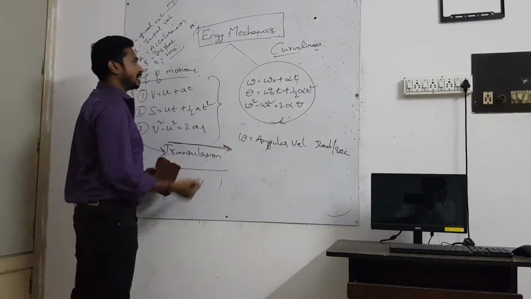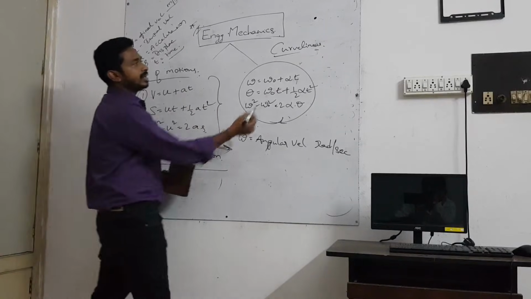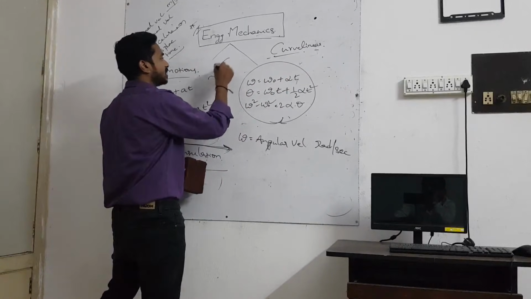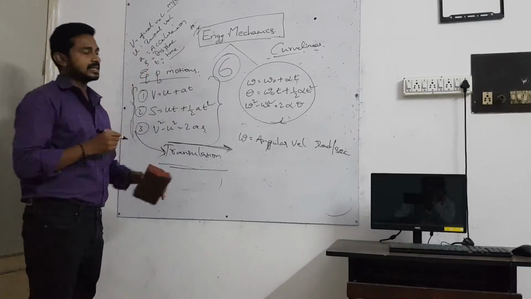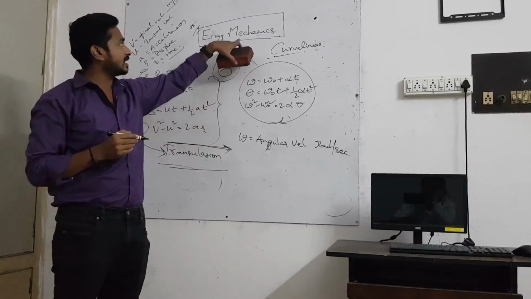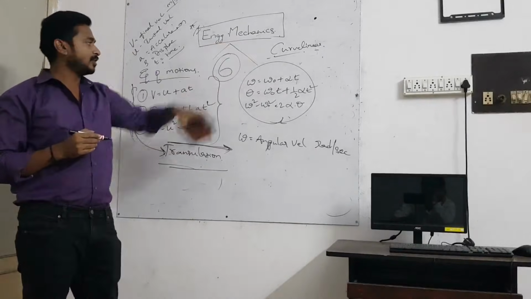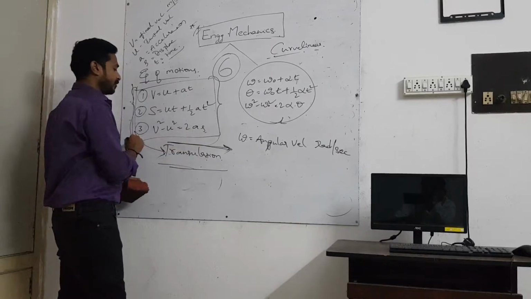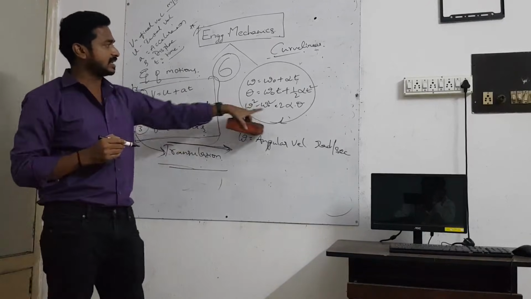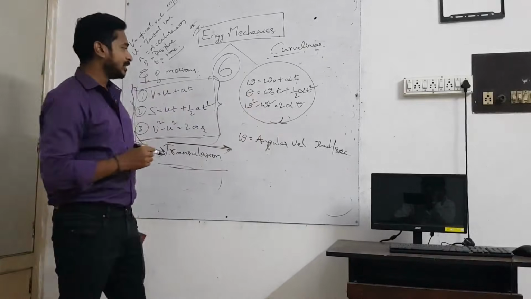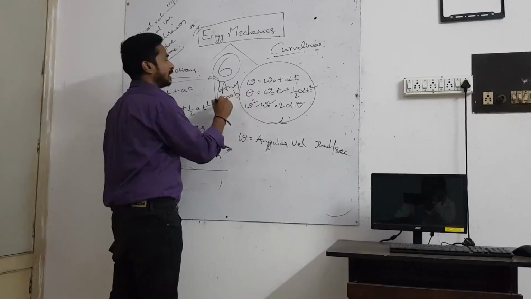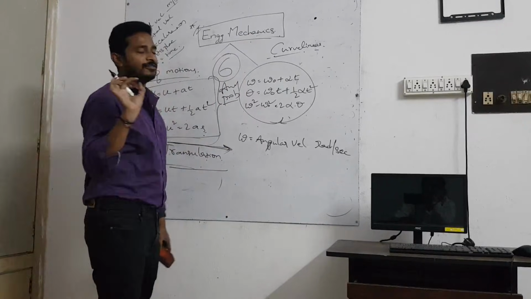If you consider a particle, whether it is translation or curvilinear, these 6 equations will rule the entire engineering mechanics. If you keep complete concentration on these 6 equations, you will do any problem in engineering mechanics at your fingertips.